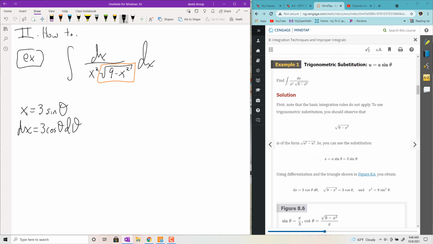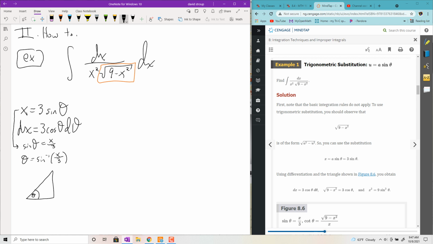Okay. So to get the triangle, what I do is take this first equation and solve it for theta. Okay, so I'll have sine of theta equals x over 3, and then theta equals sine inverse of x over 3. And believe it or not, that tells me how to build my triangle. So here's my triangle, there's my angle theta.